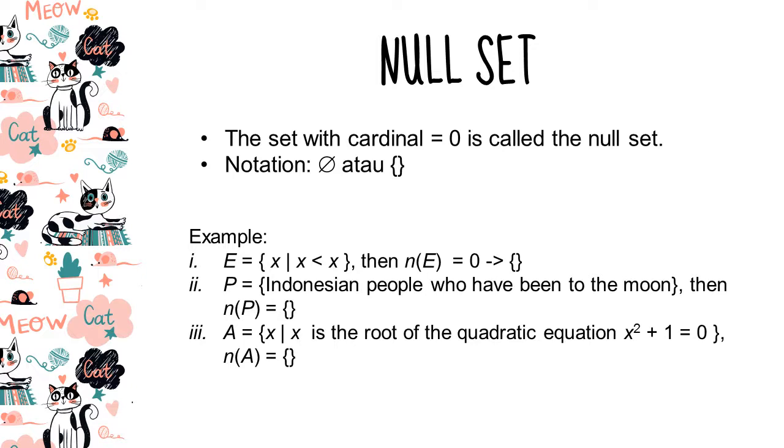Number 2, P equals Indonesian people who have been to the moon, then n(P) equals null set. Number 3, A equals {x | x is a root of the quadratic equation x squared plus 1 equals 0}. The answer is n(A) equals null set.